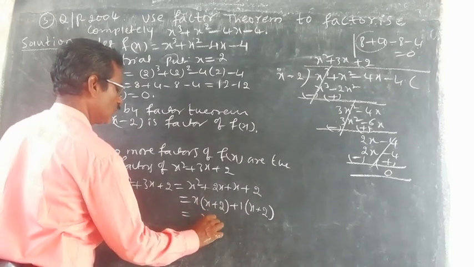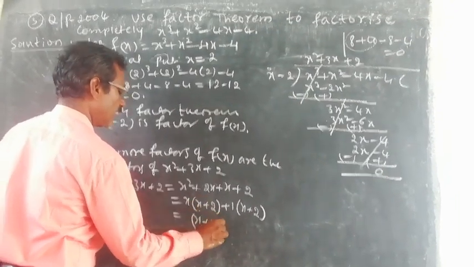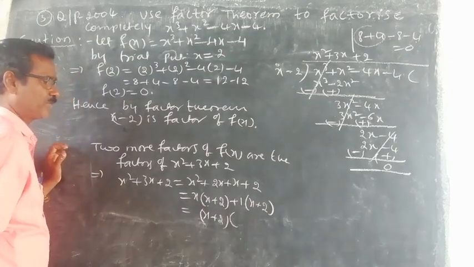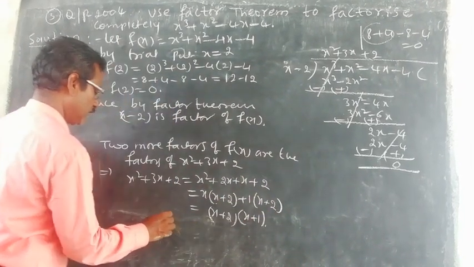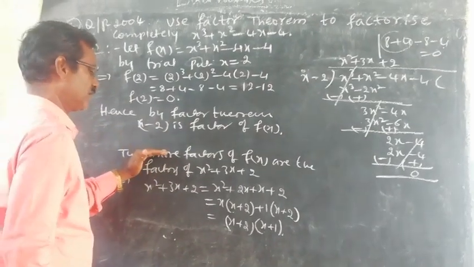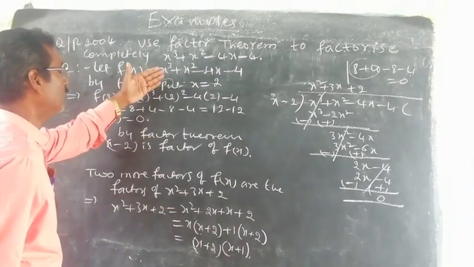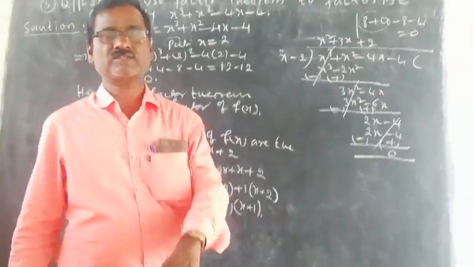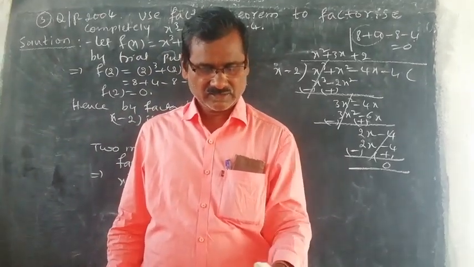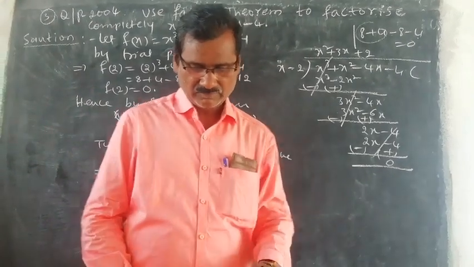Now x plus 2 is a common bracket that you can take as a common factor, then x plus 1. Therefore the complete factorization, or the three factors of the given polynomial, are x minus 2, x plus 2 and x plus 1.